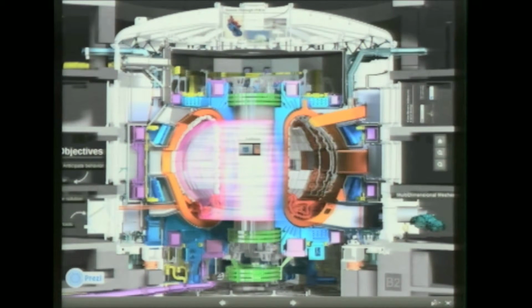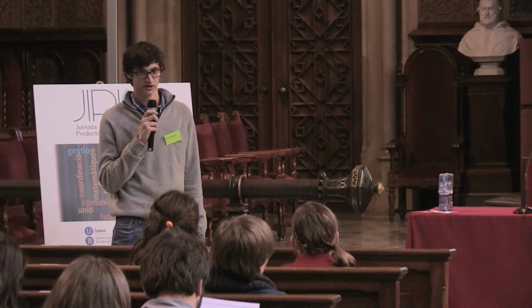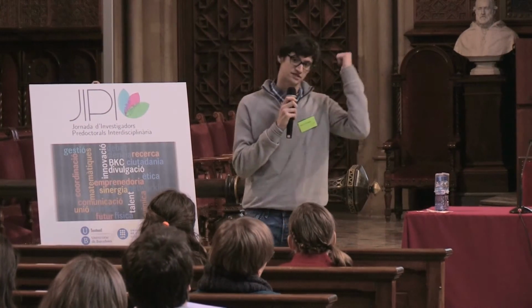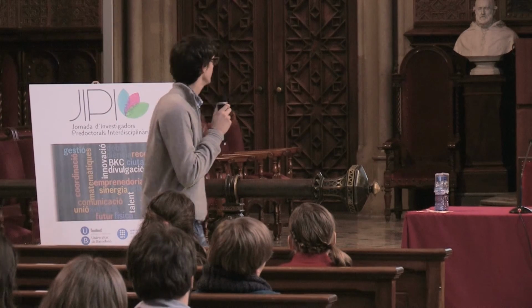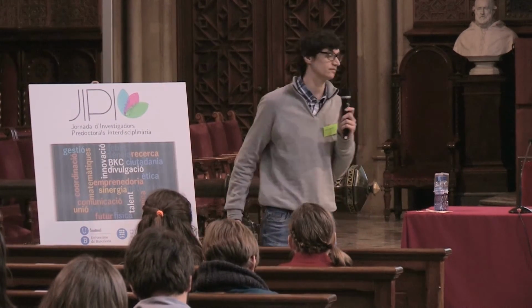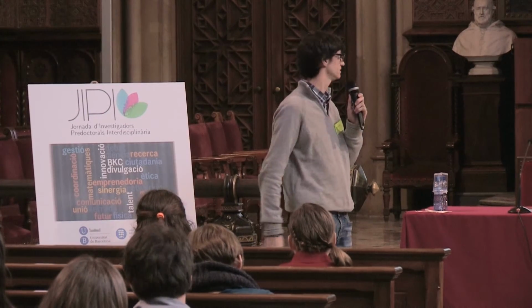At the end, we want to use all these numerical tools to simulate the physical phenomena that take place in a nuclear fusion reactor, like ITER, which is this machine that you can see here. In particular, we want to simulate the plasma physics that takes place inside the tokamak.